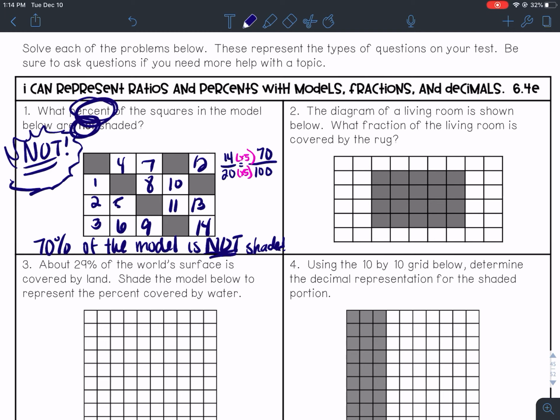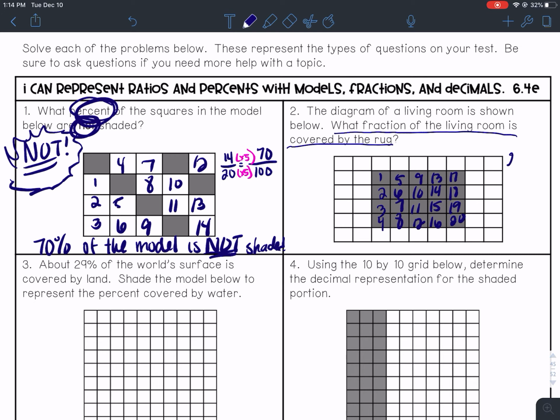Okay, question number 2. The diagram of a living room is shown below. What fraction of the living room is covered by the rug? Okay, so if the shaded part below is my rug and I want it written as a fraction, it's really, really similar to question 1. So I need to count how many of the squares are shaded. 1, 2, 3, 4, 5, 6, 7, 8, 9, 10, 11, 12, 13, 14, 15, 16, 17, 18, 19, and 20.